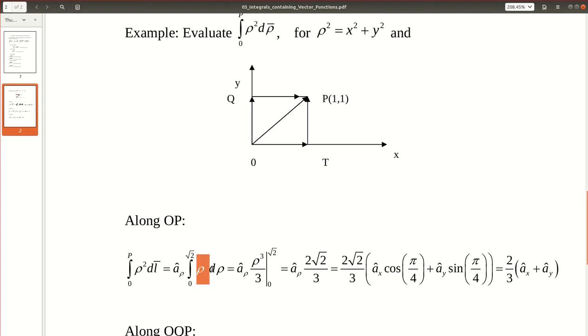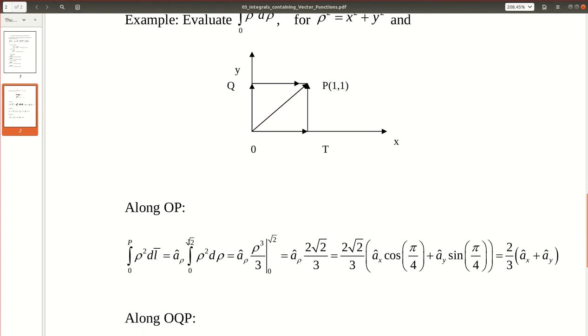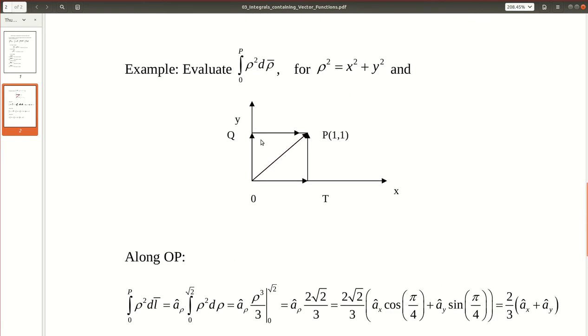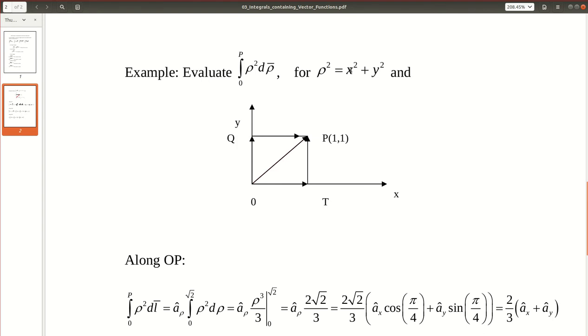You take rho squared d rho from 0 to the square root of 2, meaning that I put 1 squared plus 1 squared, this is 2, and you take the square root. From here to here, rho has the value 0. The rho at point P is the square root of 2.